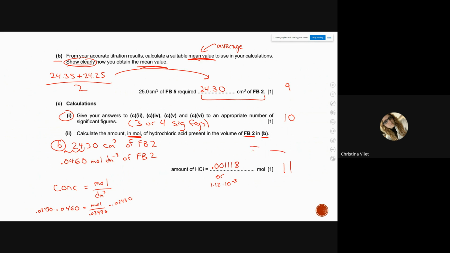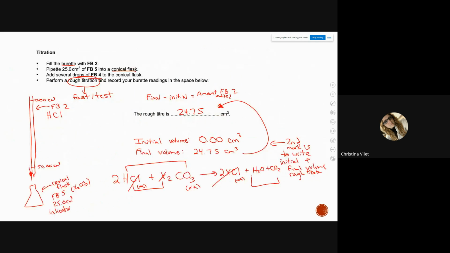Well, what's the reaction? The reaction is we took FA2 and we mixed it with FA5. And the color changes when you are at the proper stoichiometric amounts. So that means when 2 moles of HCl equals 1 mole of X2CO3, that's where the color changes.